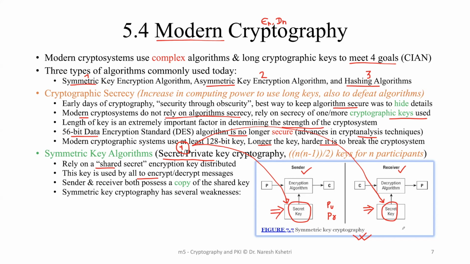Symmetric key has several weaknesses, so we will talk about them one by one. Primarily there are four weaknesses that led to the development of the asymmetric key, and these weaknesses are overcome by the asymmetric key encryption algorithm, which we will talk about in our next video. First, key distribution is a major problem here.